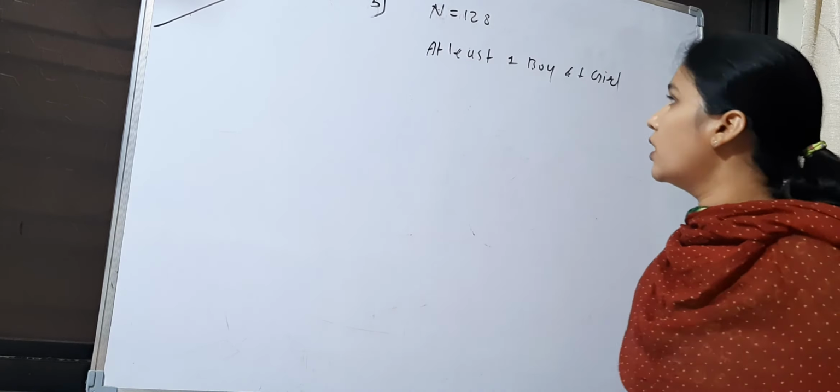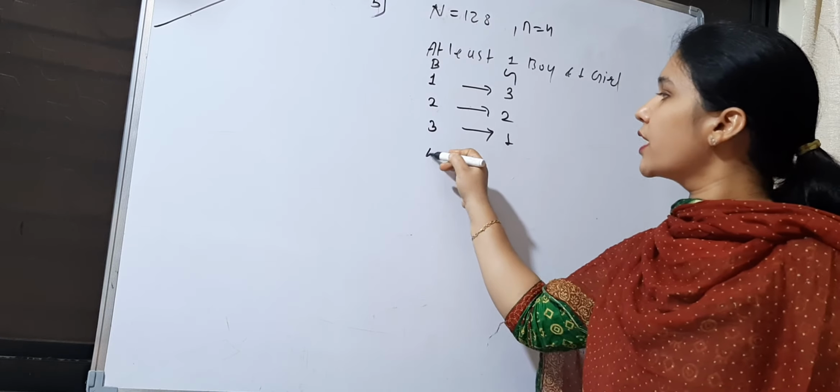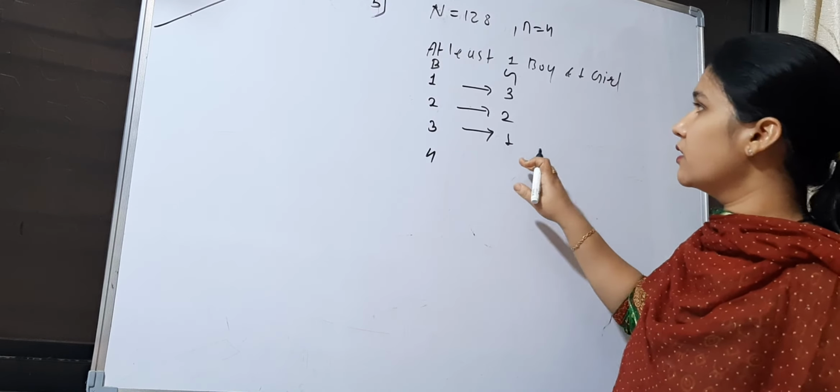If there is 1 boy, then there will be 3 girls. I am writing here boy, here girl. If boys are 2, then girls will be 2. If boys are 3, then girl will be 1. But we cannot write boys are 4, because we have to maintain 1 boy and 1 girl.